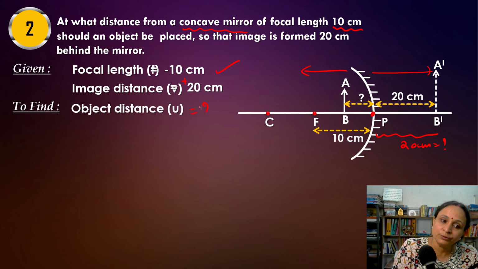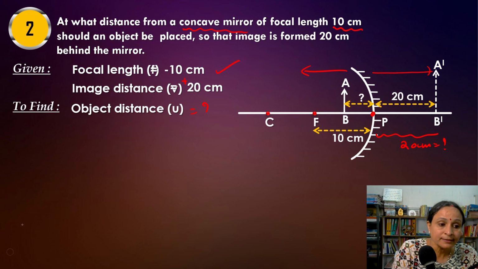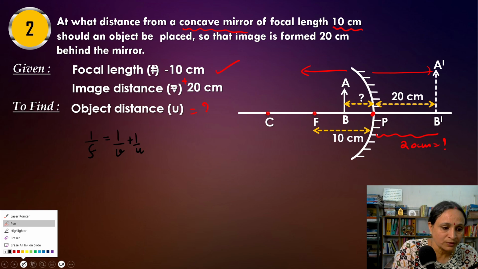Now you have to put it in the formula and get the answer. The mirror formula is 1 by F is equal to 1 by V plus 1 by U. Substitute all the values you know.